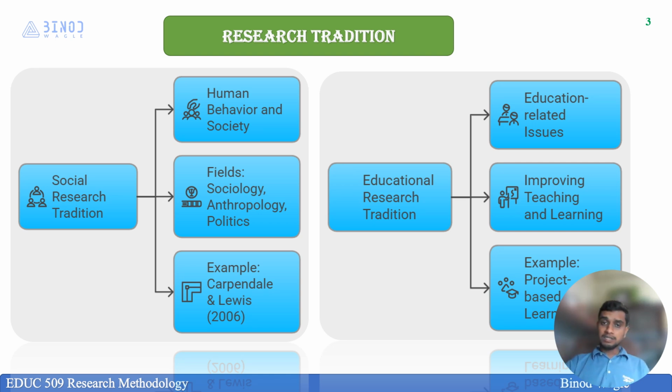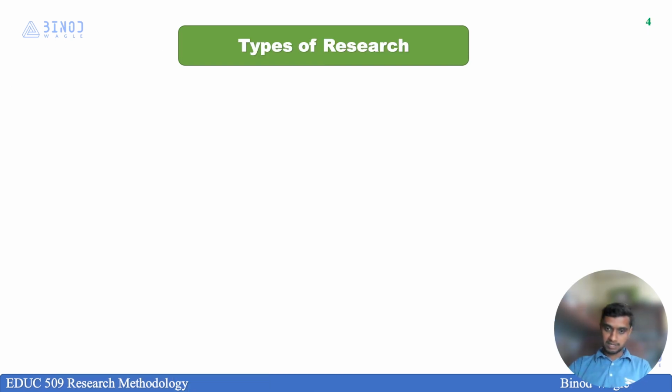And these types of traditions help in developing better learning strategies. For example, studying the impact of project-based learning in schools can be considered as an educational research tradition. These are the two types of research traditions which I have explained: first, social research traditions and the educational research traditions.